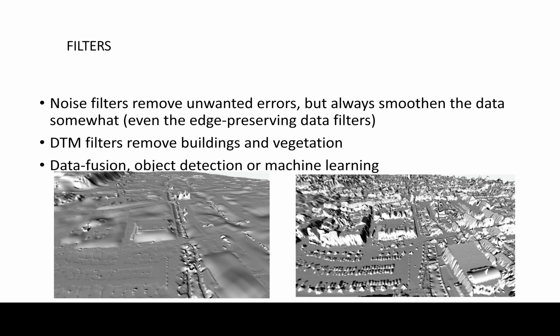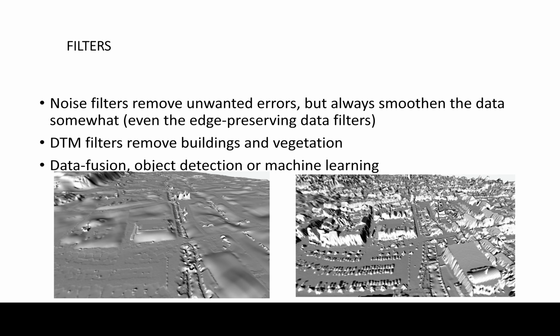Often DTM filters, terrain model filters that are meant to remove buildings and vegetation are applied. And there's a particular reason there. Often when you're given elevation data that is a surface model, in the sense that it includes both vegetation and buildings, you see that the buildings and vegetation or cars start to act as obstacles for water flow, while in reality the water is able to flow through or past them, although with some resistance, they're not able to fully obstruct the water flow. And that's where filters come in very handily.